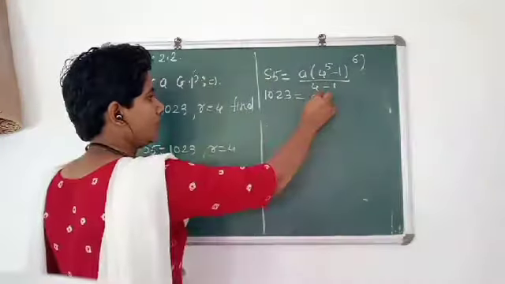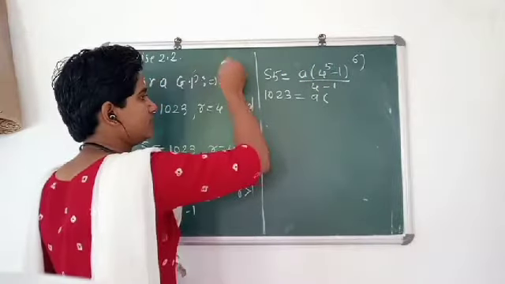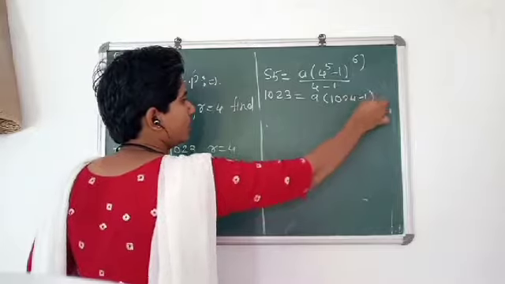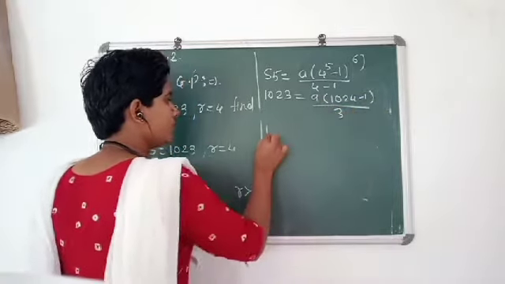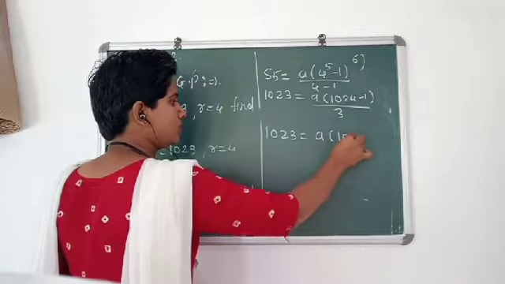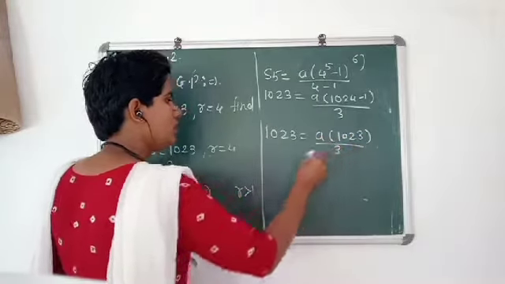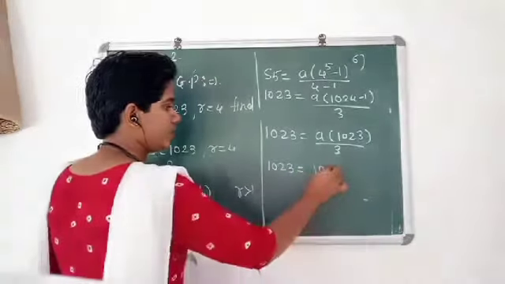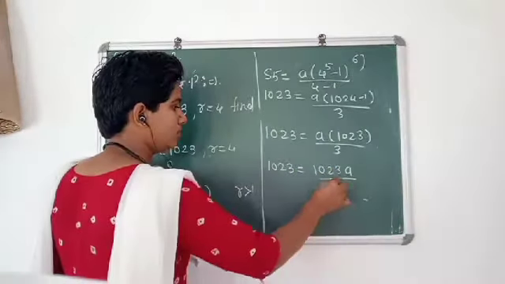So here A inside the bracket 4 to the 5, that means 4 multiplied by itself 5 times, gives 1024, minus 1 upon 3. So we get 1023 is equal to A inside the bracket 1023 upon 3, that is 1023 into A upon 3.